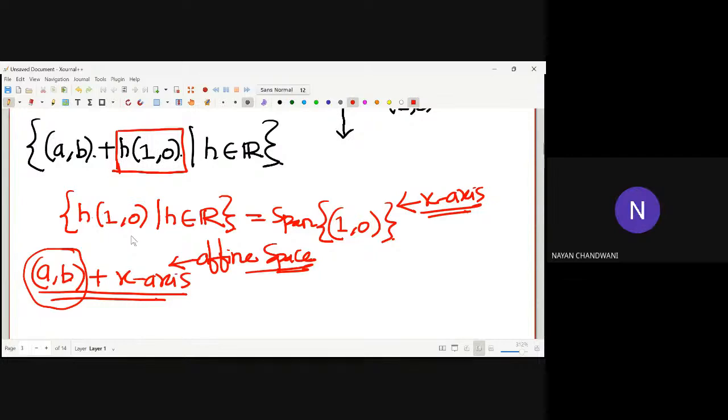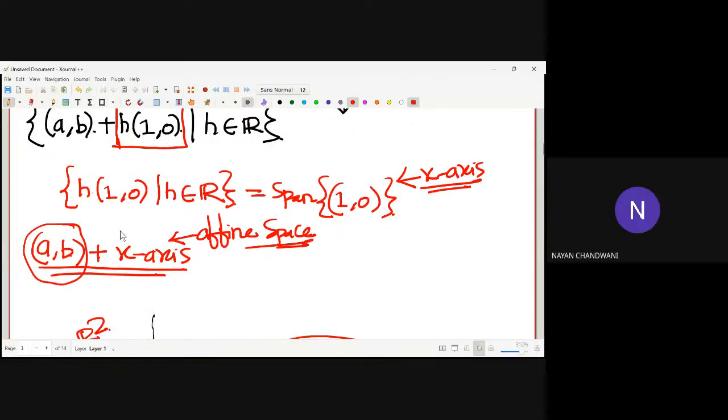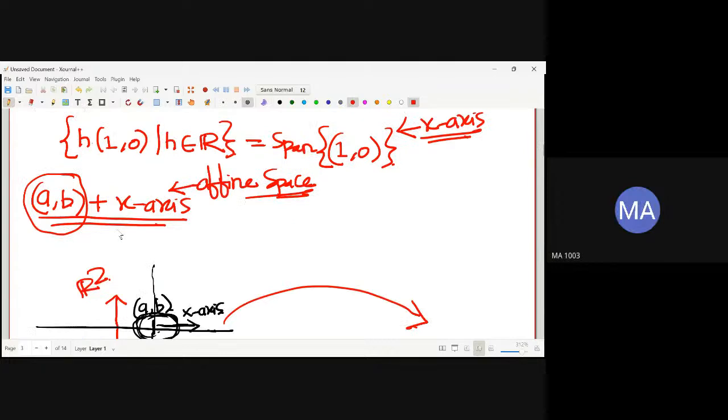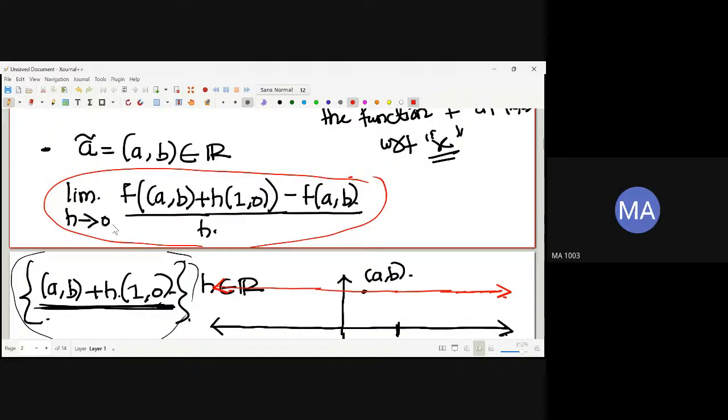We can define it for both the axes any way we want, but in this particular case it only moves along the x-axis. Yes, so here this definition is with respect to x, and it represents the derivative of the function with respect to x.